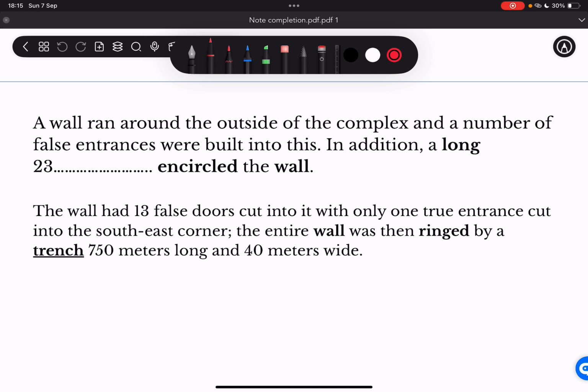The wall was ringed, encircled the wall. Those are almost similar ways of saying the same thing. And it was then encircled by what? By a trench. And we already have that article in the question, like a long. So that is the word trench which is missing.